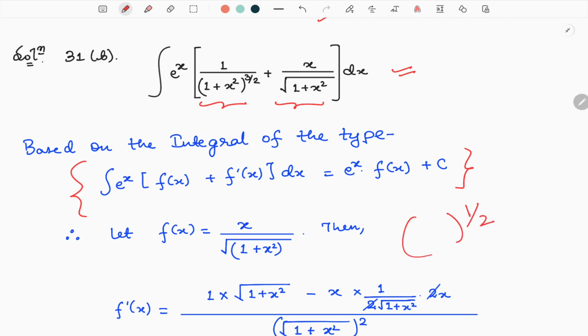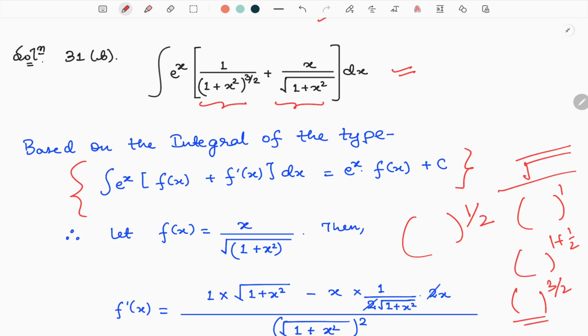If you differentiate it, the denominator gives the square of this term, and in the numerator the power of the root comes down, making the power 1 plus 1 by 2. So this makes the whole power of the denominator 3 by 2.